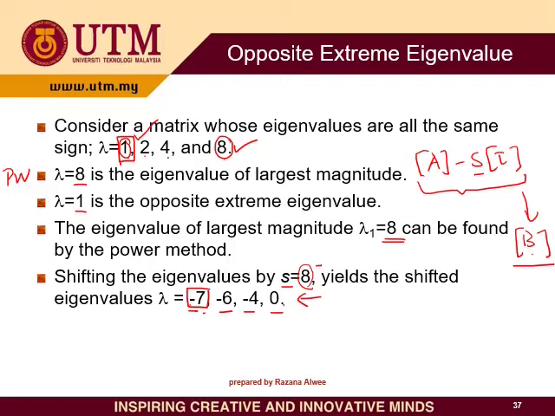Okay, so this is why if we do the shifted power method, we can find the opposite extreme eigenvalue compared to our largest.